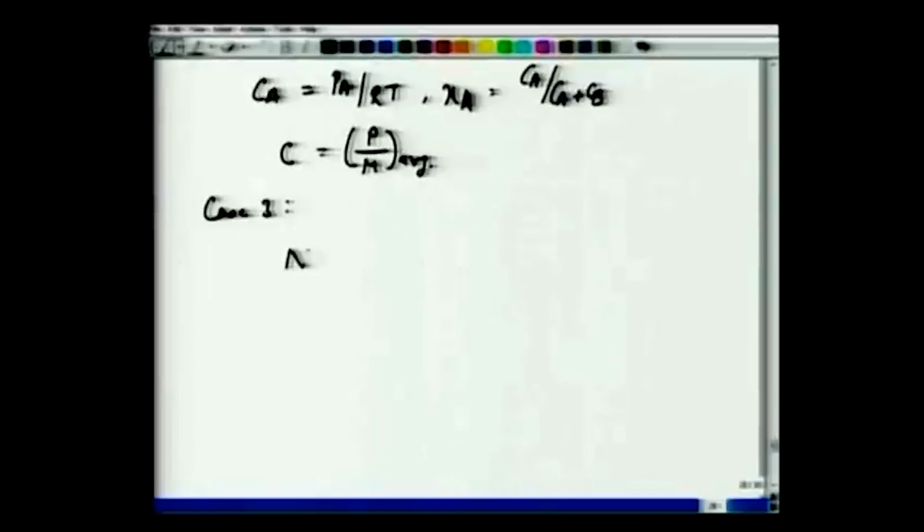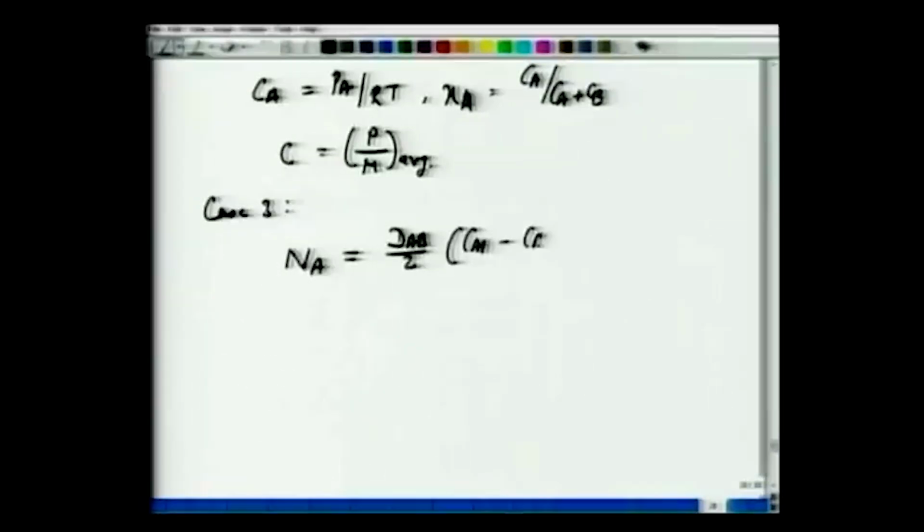If we want to obtain a similar expression for the case of liquid, then we can write Na as DAB over Z times (Ca1 minus Ca2). So instead of partial pressures of A at 1 and 2 for the gases, we are substituting the concentrations Ca1 minus Ca2.